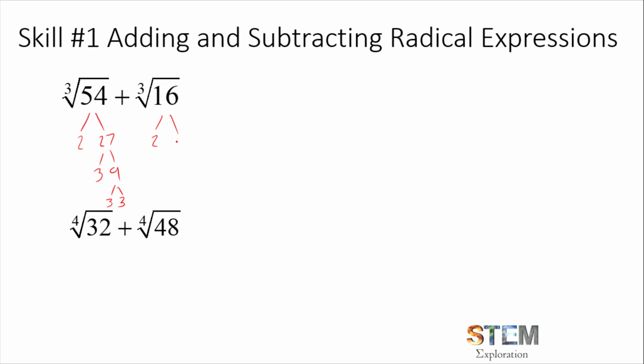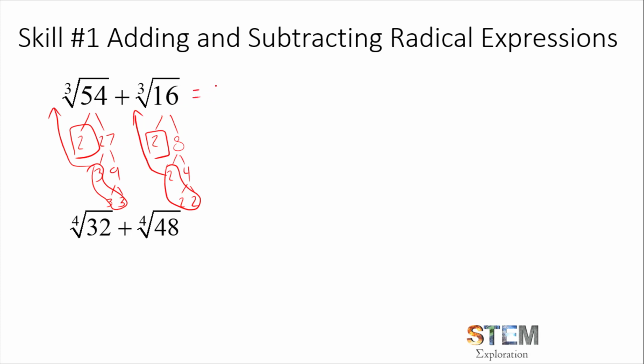If I pull out a 2 and an 8, and then a 2 and a 4, and then a 2 and a 2, what I can see is that I would pull 3 2s out here and pull it up front, and there would be a 2 here and a 2 here left in the radical sign as a radicand.